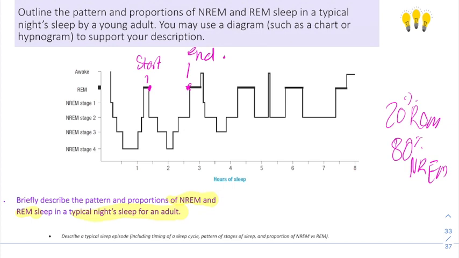The sequences of sleep and the stages likely to occur: we're always going to start being awake and go into stage 1, then 2, then 3, then 4, and then back down to 3, 2, 1 to REM, and then as the night goes on we can see 3 and 4 being less and less prevalent.